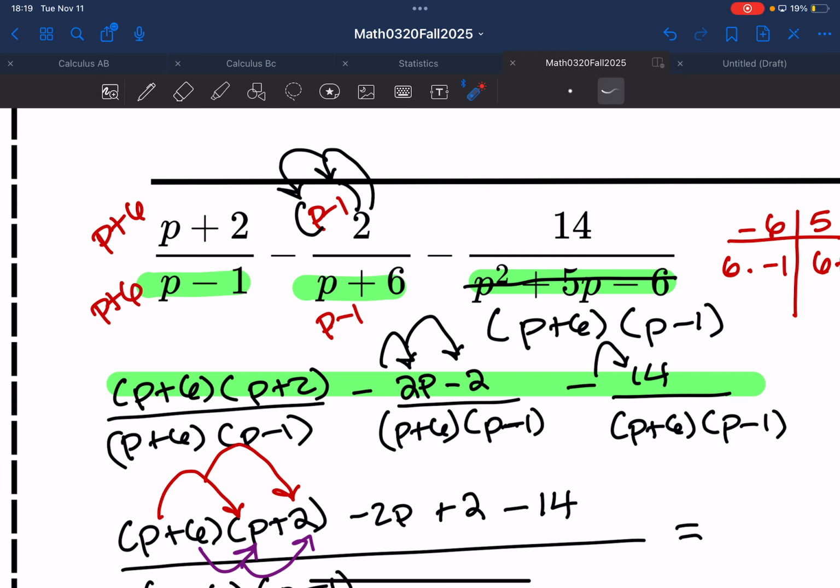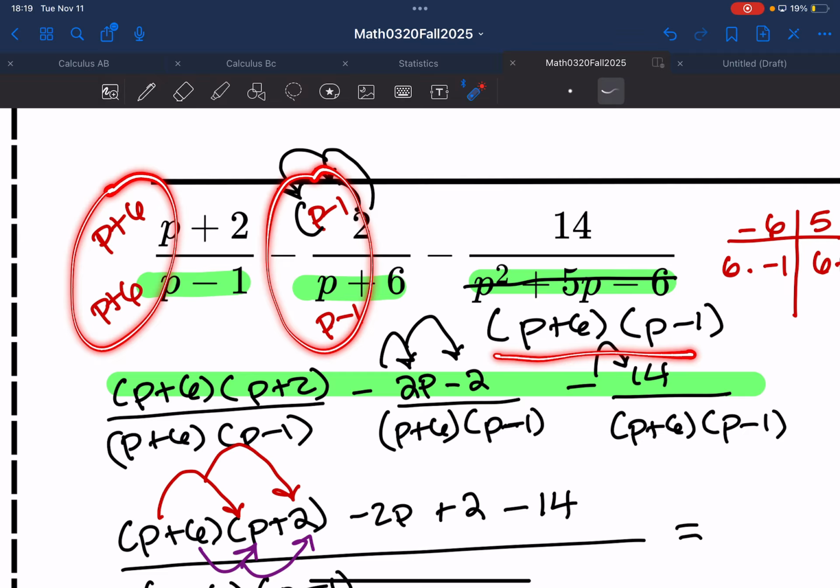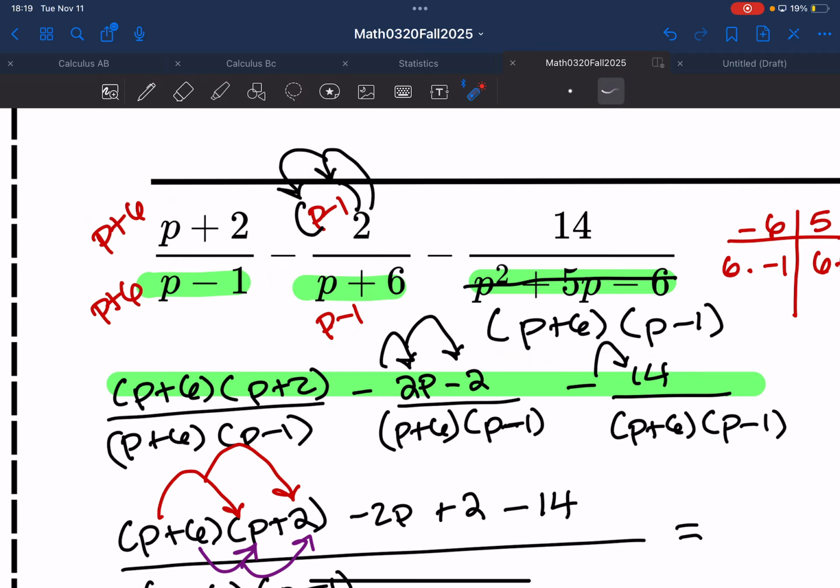When we take out a GCF, that's another way of factoring. But we did have to multiply these ones in order for them to match. And same thing, we're multiplying top and bottom because technically these cancel out. So we're not changing anything, we're just manipulating it in a way for us to be able to simplify.